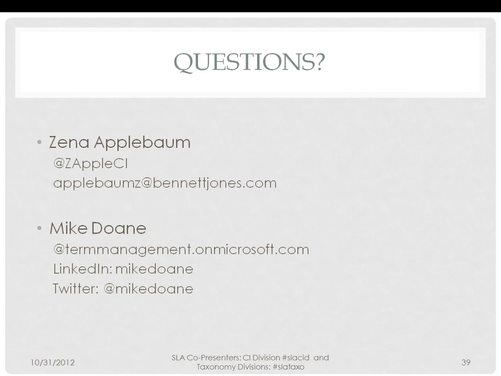Next question is, can you import a more complex taxonomy created in a standalone taxonomy tool into the term store? As far as I know, the only way you can import a taxonomy into the SharePoint term store out of the box is as a .csv file, a comma-separated file, and it doesn't have to be from Excel, I assume, but that's the only way that I know of out of the box. Now, there are other tools out there.